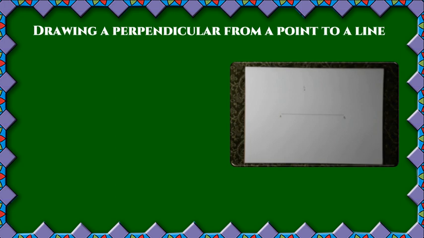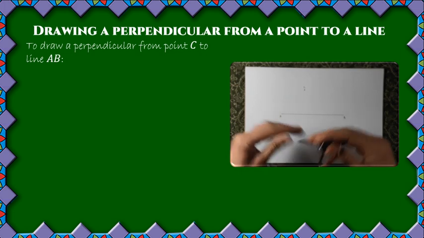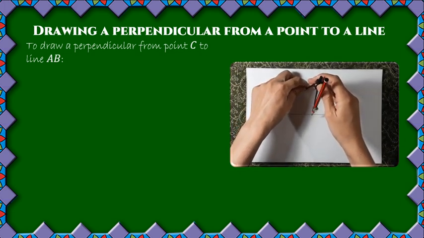Now drawing a perpendicular from a point to a line. We start to draw a perpendicular from point C to line AB.